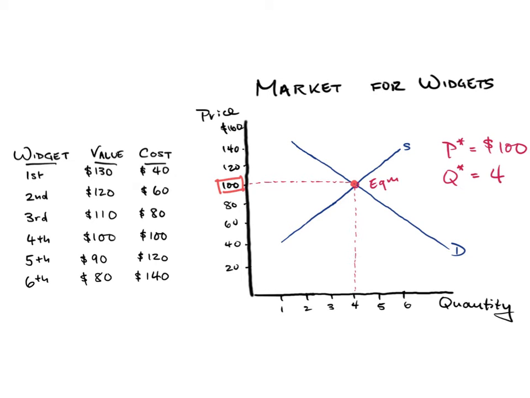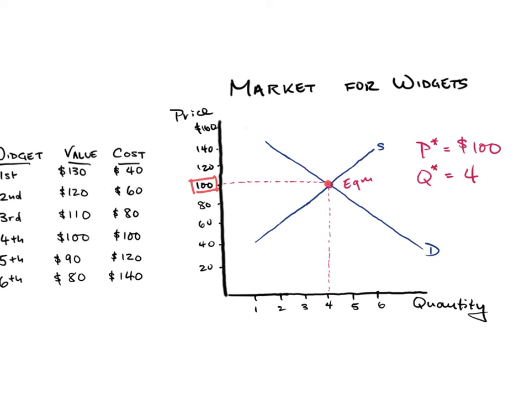So I've marked this even though it's over at the edge of the screen. You can't see this. Okay. The equilibrium price is $100. At that equilibrium price of $100, there would be 4 people who want to purchase widgets, right?